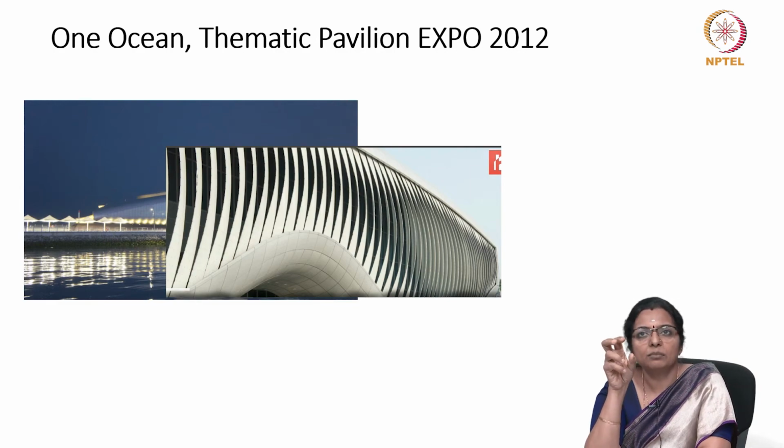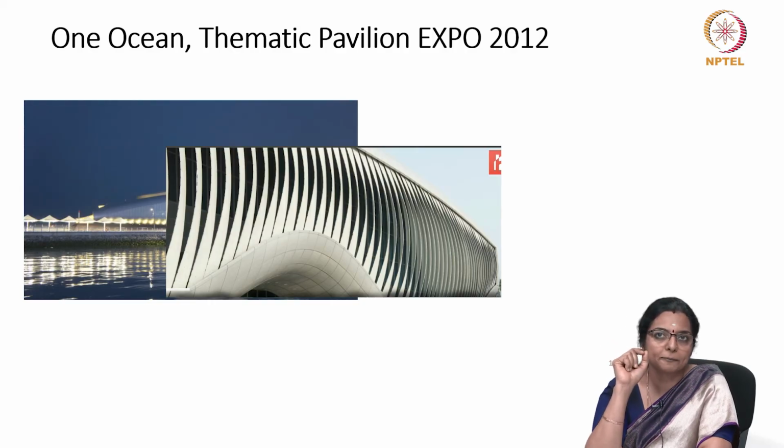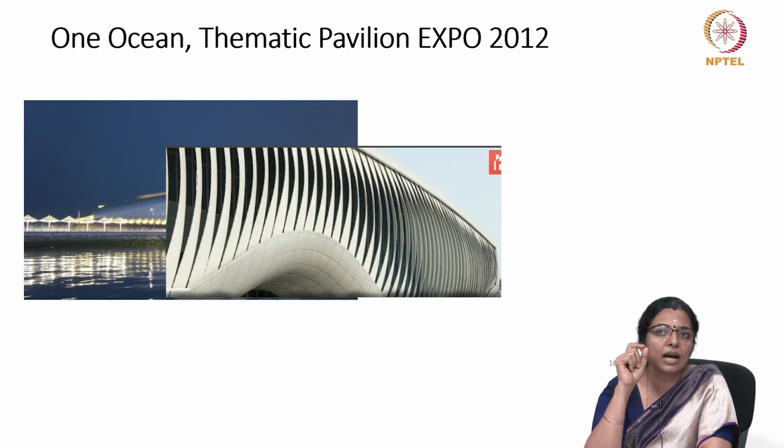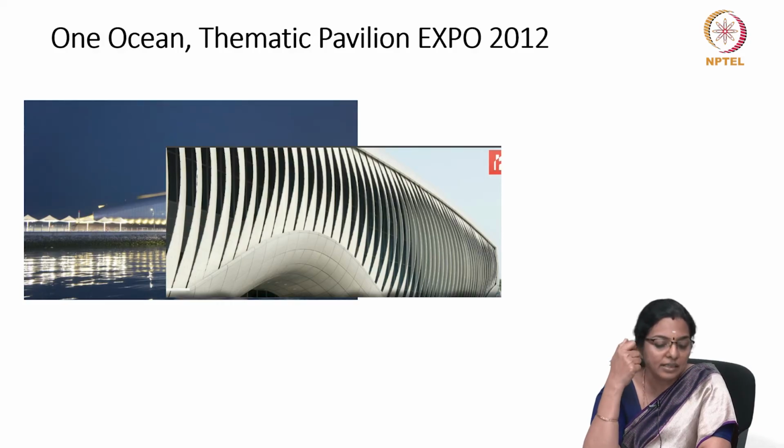The facade system is made up of glass fiber reinforced polymers, and it is able to morph into a number of animated patterns. It has a number of laminas, and the integration of these mobile laminas on the building's facade creates multiple experiences.